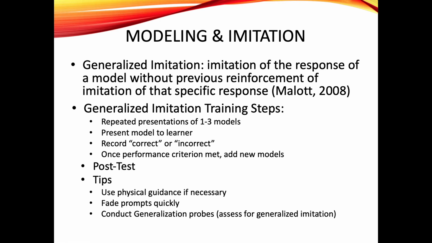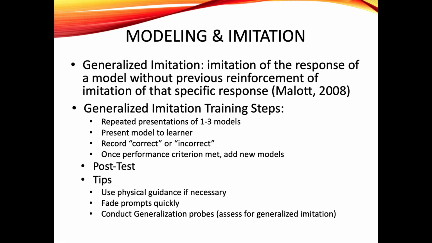This is basically, we're trying to generate a repertoire of whenever a model is presented, the individual imitates it. So generalized imitation occurs in the presence of a variety of models. It is imitation of a response of a model without previous reinforcement of imitation for that specific response.